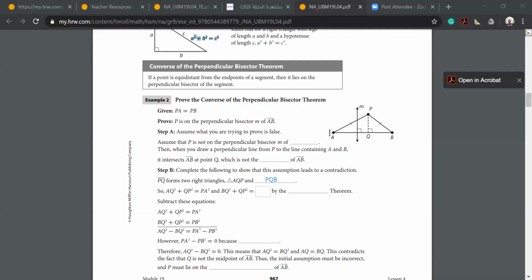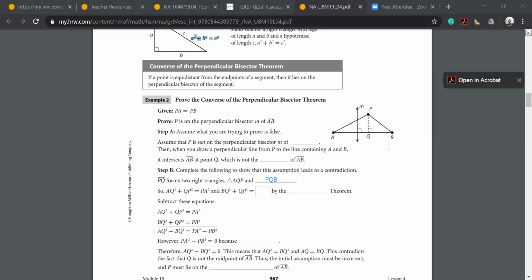So PA square will be equal to AQ square plus PQ square, because we said that C square is equal to A square plus B square. This is what he wrote here: AQ square, which is A square, plus PQ square, which is B square, is equal to C square, which is PA square.